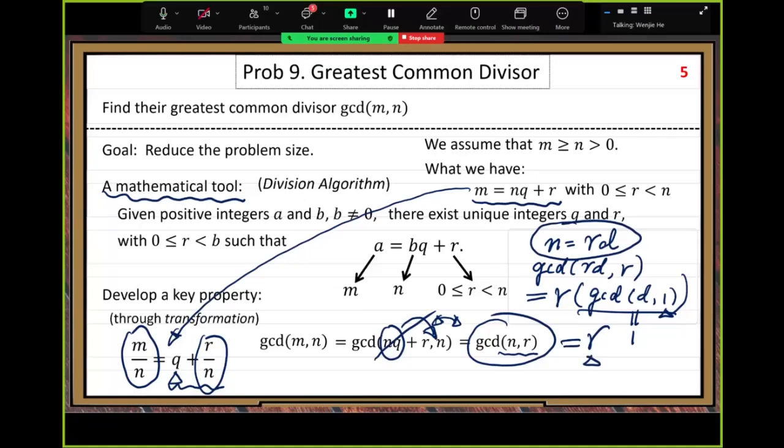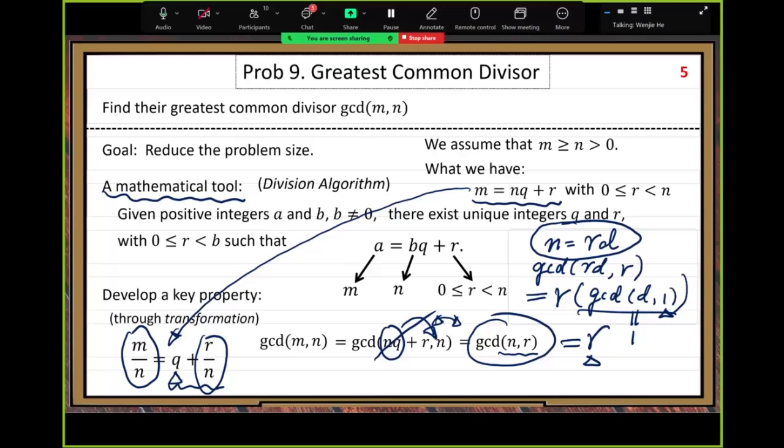As soon as you detect the first parameter is a multiple of the second parameter, you have the answer. The answer is the second parameter. So you get a final answer. You can stop. So that's this second algorithm.